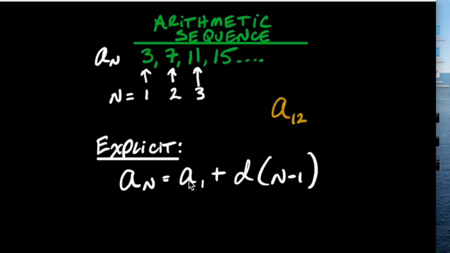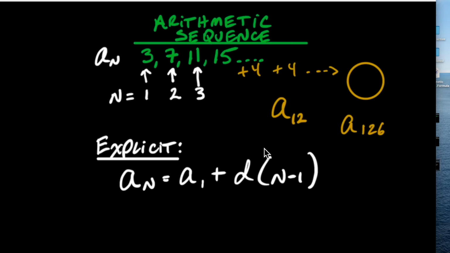So you go to your sequence, and lo and behold, it doesn't go on to 12. Now, one thing you can do is just keep adding 4 and count until you get to 12, and that would be your answer. But that's a rather inefficient way to do it, especially if you're asked to find a at position 126. So how do we do that?